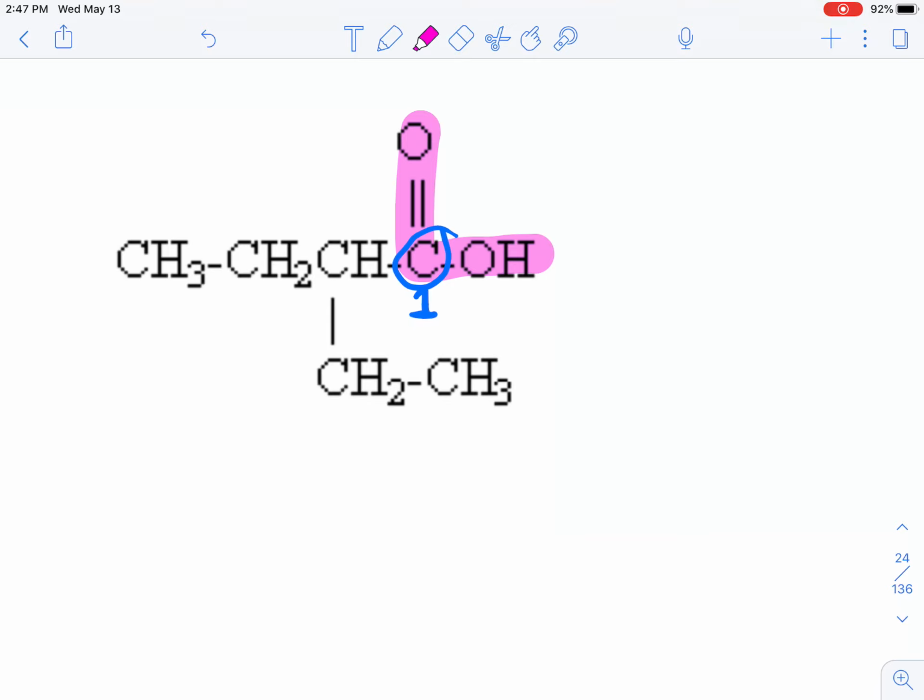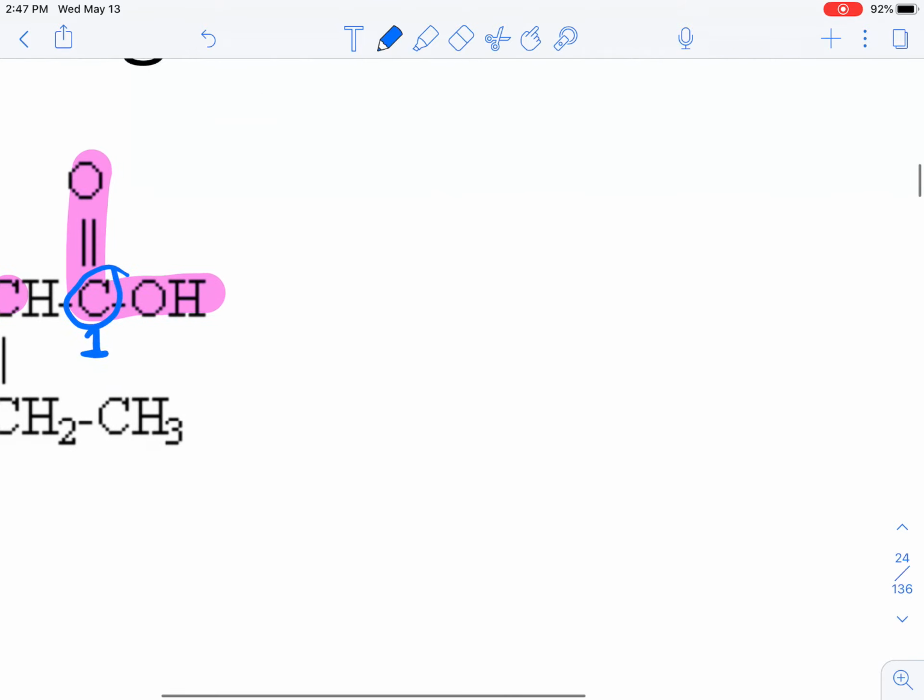So I have 1, 2, 3, 4. If I go back to spaces, I have a branching point. So 1, 2, 3, 4. In this scenario, it doesn't matter which path I take. I'll still get a 4-carbon compound, and for a 4-carbon compound, I'm going to use but-.